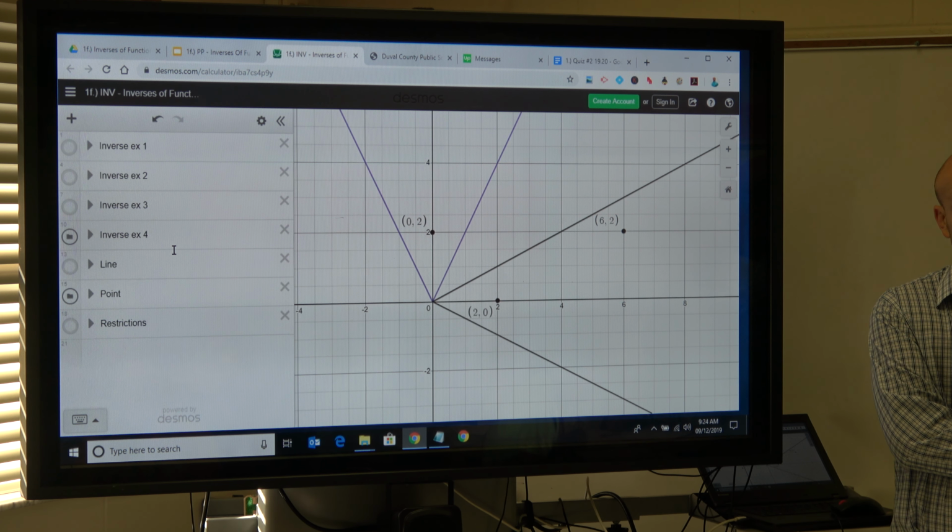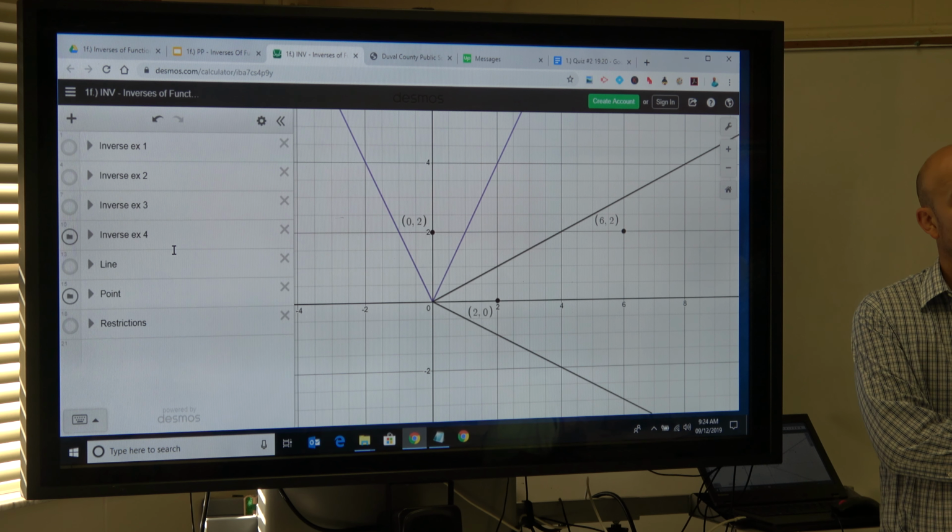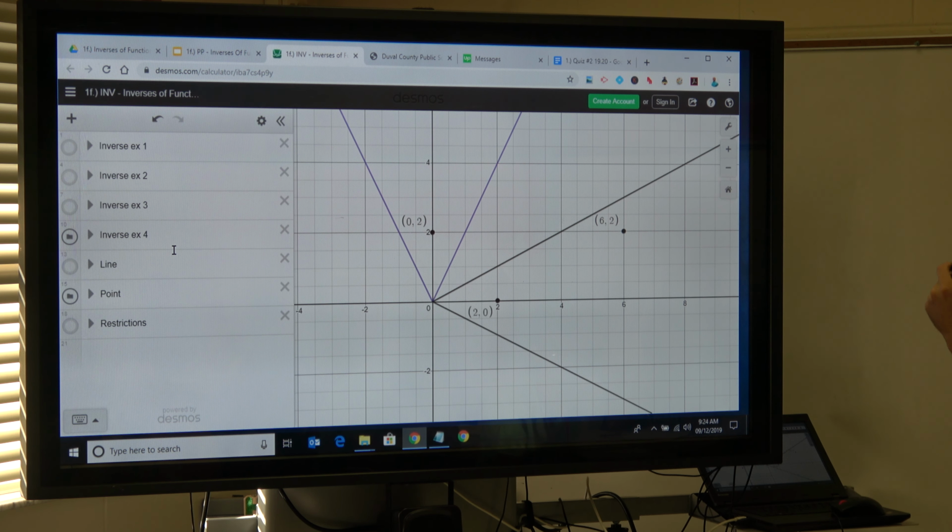The other ones were reflecting over y equals x, but this one is either reflecting over the y-axis or the x-axis. Well, I mean, here's the y equals x line. So now you can see the y equals x line. Does it look like it's a reflection about the y equals x line?